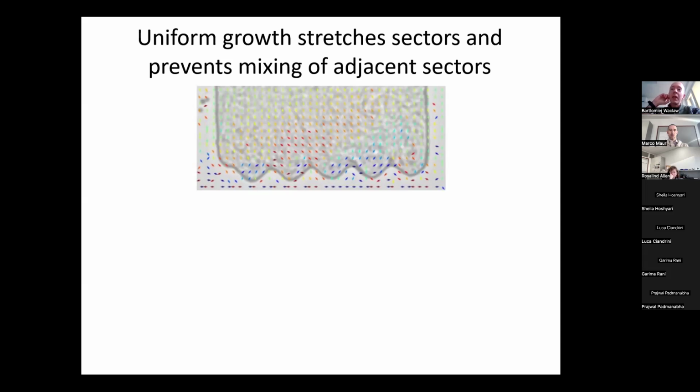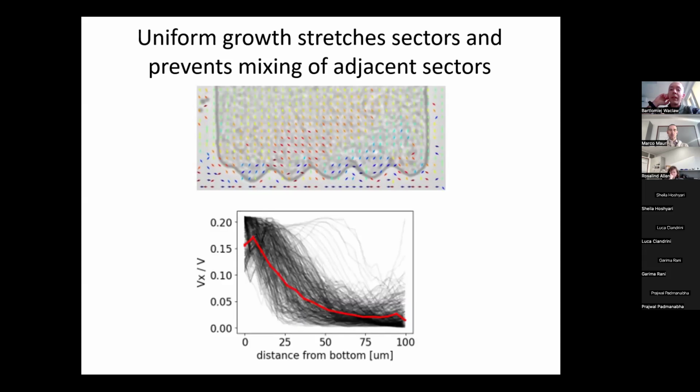It turns out that the only appreciable amount of movement in the horizontal direction actually happens at the bottom. When we measure the horizontal component this time, it was very high at the bottom, but there was very little movement away from it.